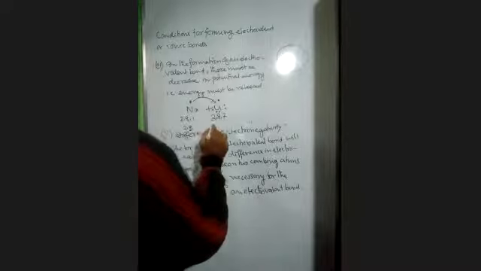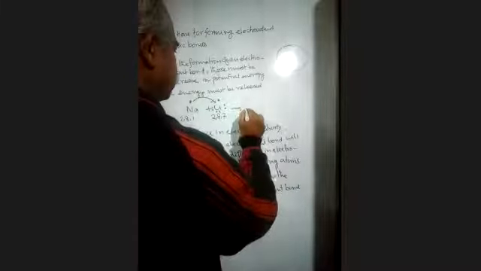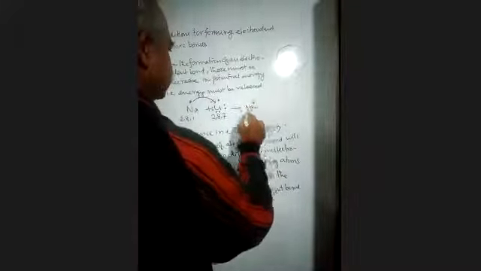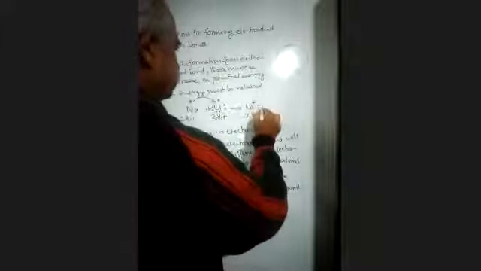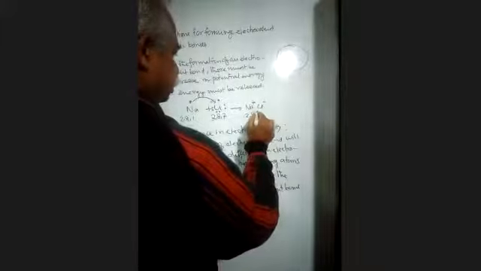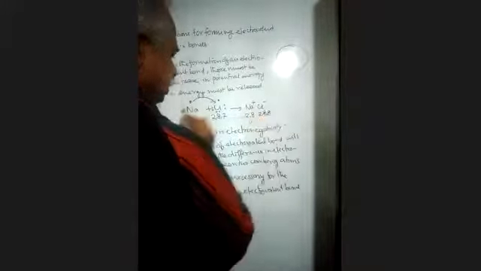Chlorine accepts it, so 8. You will get Na plus, 2, 8, and Cl minus, 2, 8, 8.